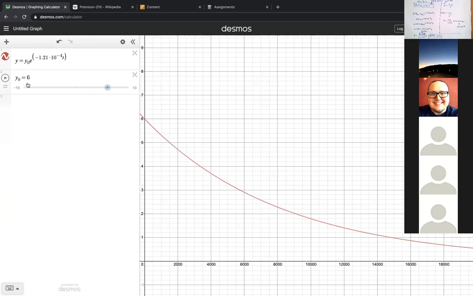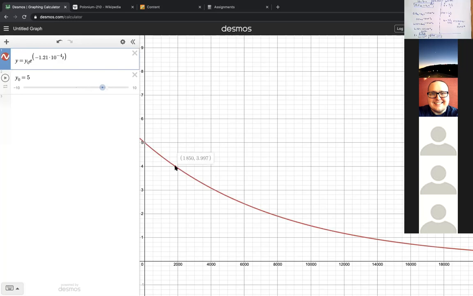Okay, so I just picked some number y0, and I picked 6, and we can look to see where we get 80% of 6, and maybe let's pick 5, since 80% of 5 is 4. We can see where it crosses the line for 4. Let's see, we'll have to be a little bit careful.